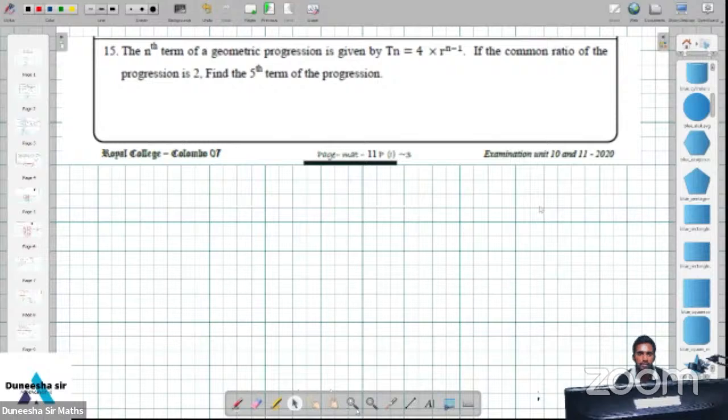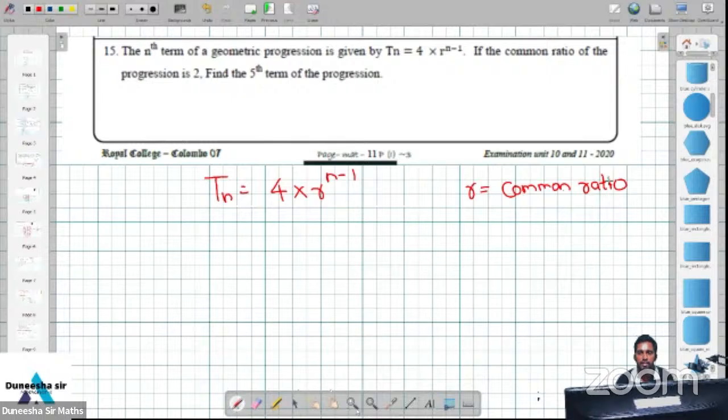If the common ratio of the progression is 2, find the fifth term of the progression. Can you find out? Tn equal 4 multiplied by R^(n-1). Then R is, what is the meaning of the R? Common ratio.